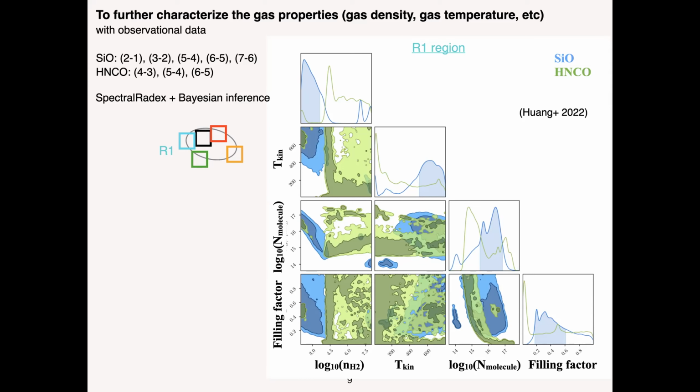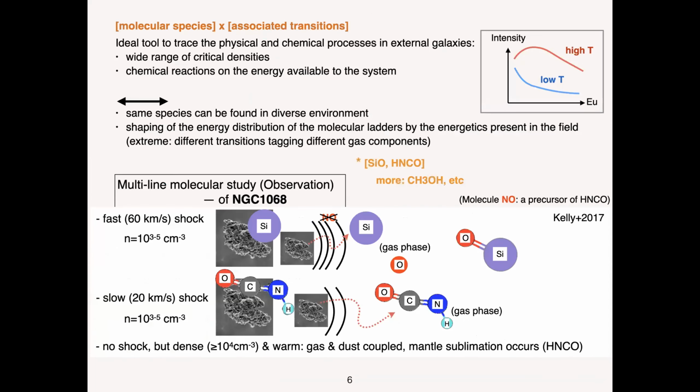Thank you. There is one more question. Do you plan to use other molecules associated with shocks, for example SO2 and SO, and see how they compare to SiO and HNCO? Exactly. Like you said, the sulfur-bearing species are also very interesting to look into, so that's also a part of our scope. For this particular target galaxy, we also have methanol, which is supposed to have a similar scenario to HNCO, like a weak shock region or no shock but dense enough that sublimation can still happen.